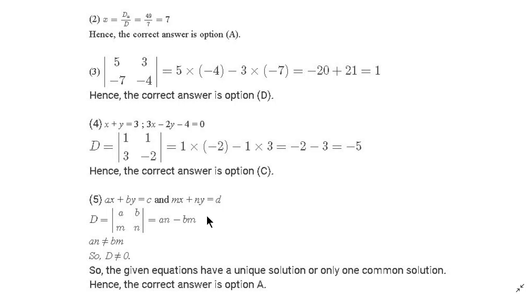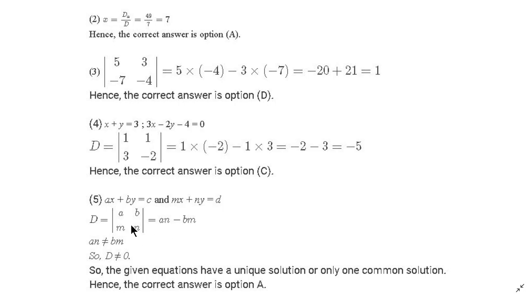Example number 5 from question number 1. ax plus by is equal to c and mx plus ny is equal to d, and an is not equal to bm. Then these simultaneous equations have... When we find the determinant of these equations, we can write D is equal to the determinant with rows a, b and m, n.